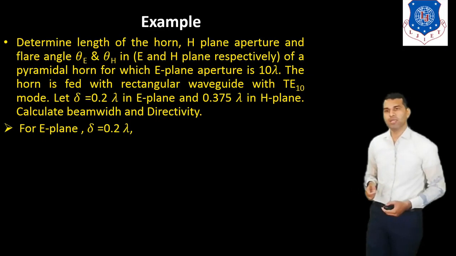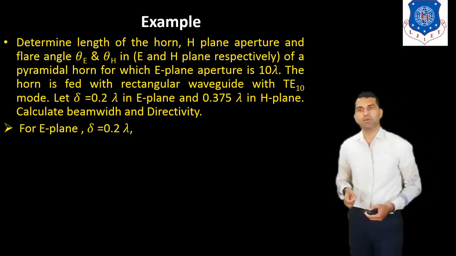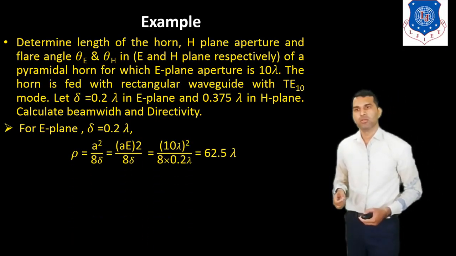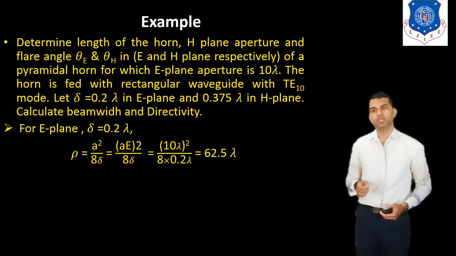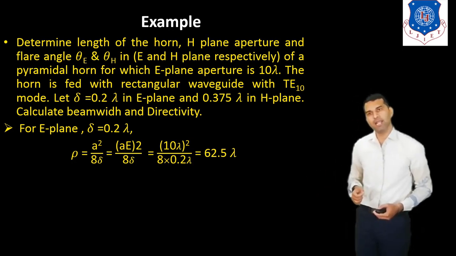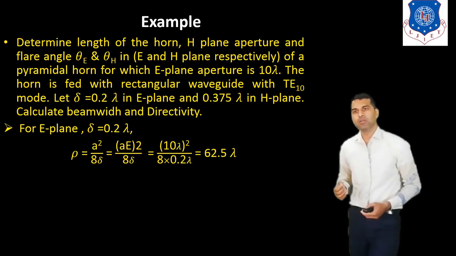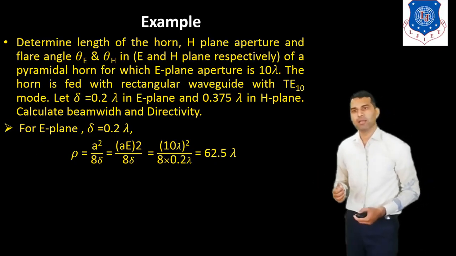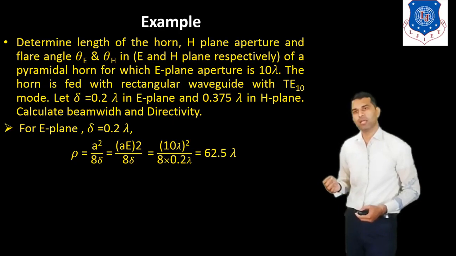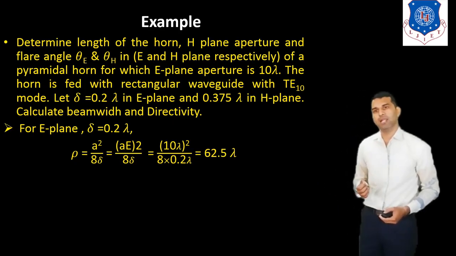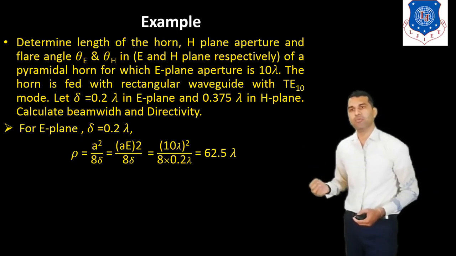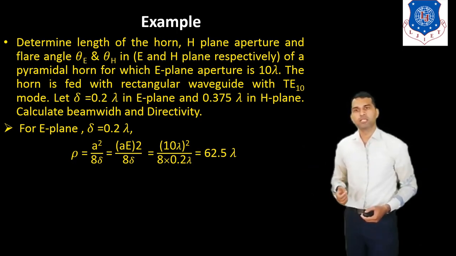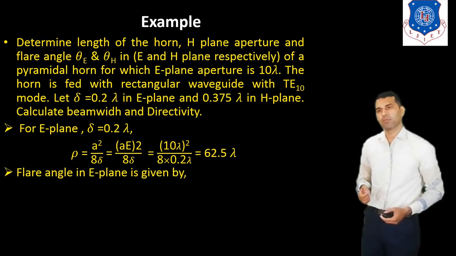So for the E-plane, delta is given as 0.2 lambda. We can calculate rho by using this equation: rho is equal to a square upon 8 delta. And we know that a for the E-plane is given as 10 lambda. So putting the values of aE and delta, we get rho is equal to 62.5 lambda.